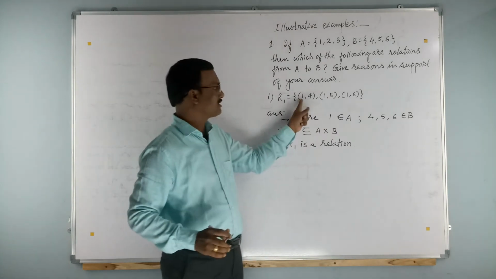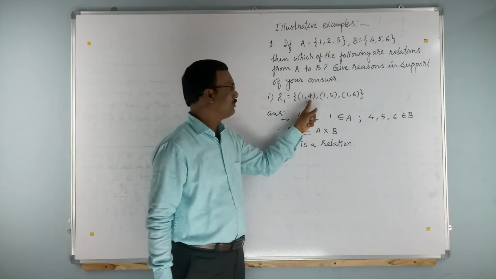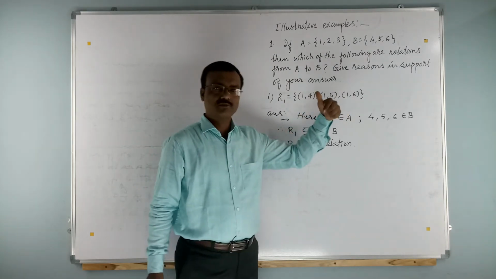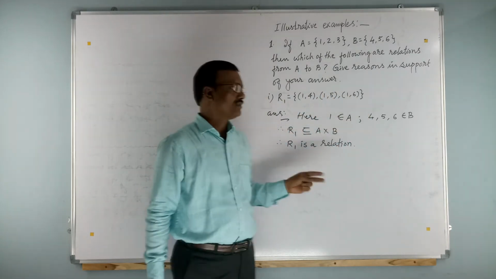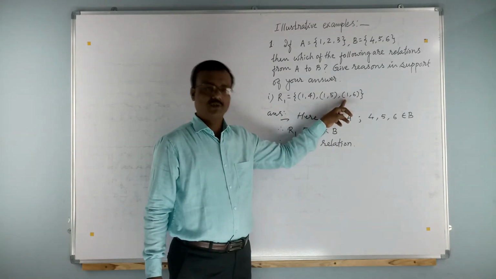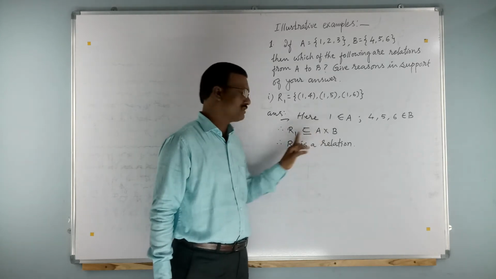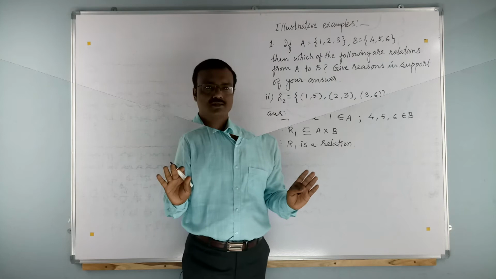Right, first segment means that there is only 1 here. 1 is from the set A, 4, 5, 6 these elements are from the set B. That means these pairs are formed from A cross B. So R1 is a subset of A cross B, and hence R1 is a relation.